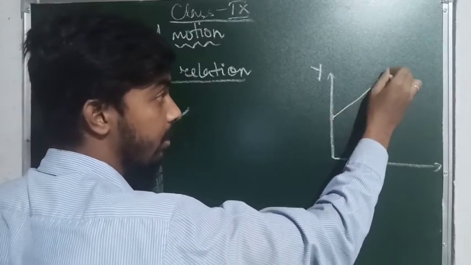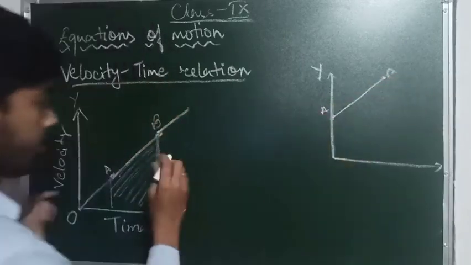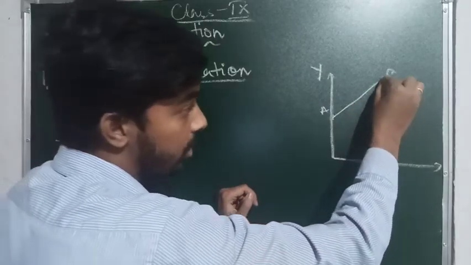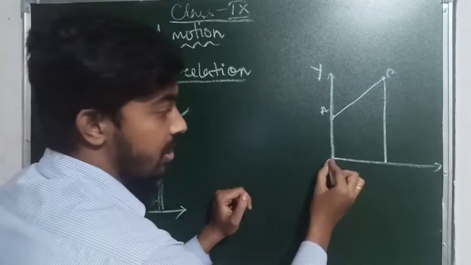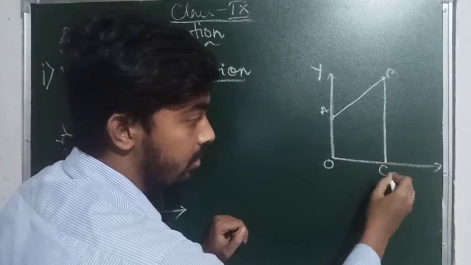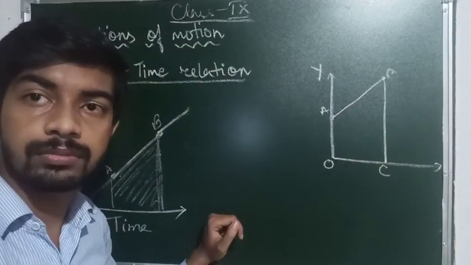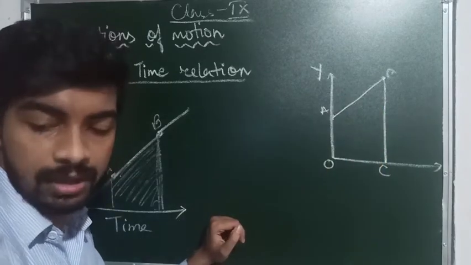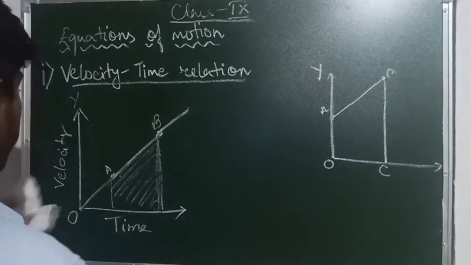This is the point B, this is the point A. That means I am taking only the trapezium from that part. This is our origin, and I am giving this point the name C. A, B, C. This much we will be using to find the velocity time relation. We don't need this other part anymore.